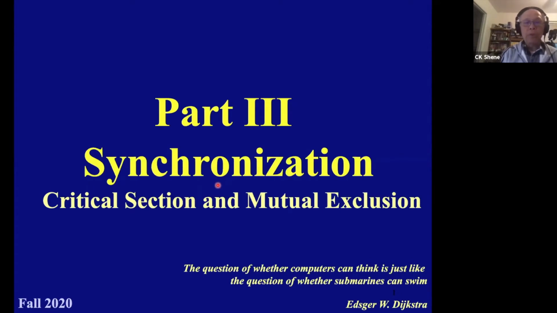These two units focus on the theoretical part, and then we focus on the practical part. In this unit, we are going to talk about two important concepts: critical section and mutual exclusion.